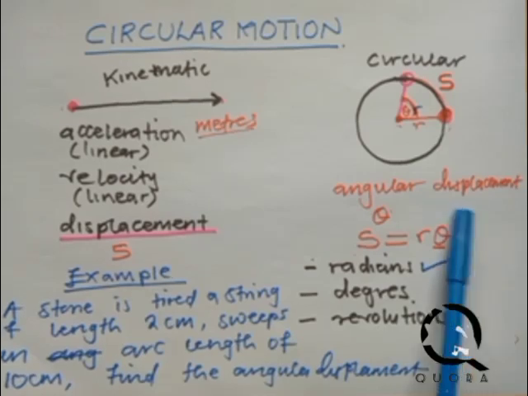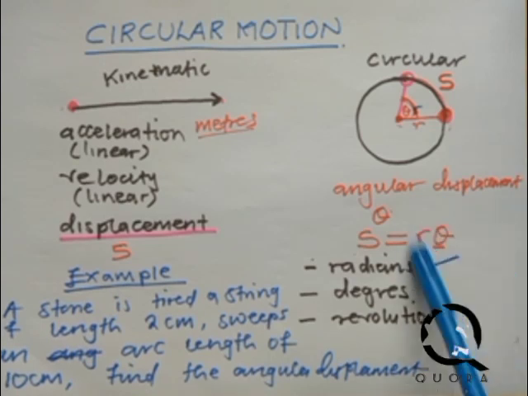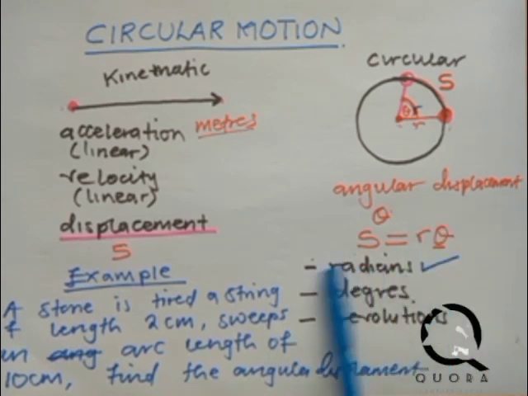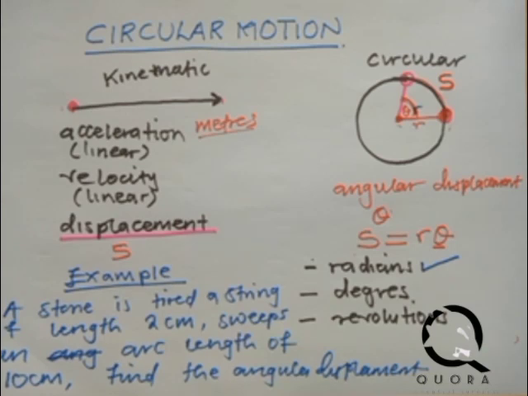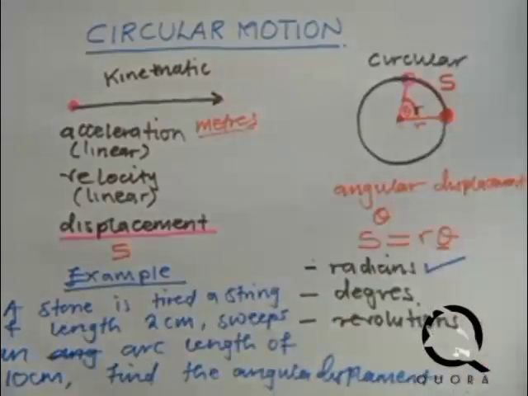I said the standard unit to use whenever you are dealing with angular displacement has to be radians. So you have to look at what arc length you have been given in the question, and also concentrate on the radius at which the particle has been tied.